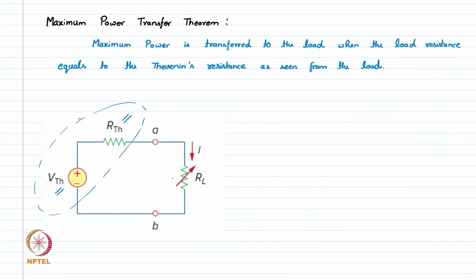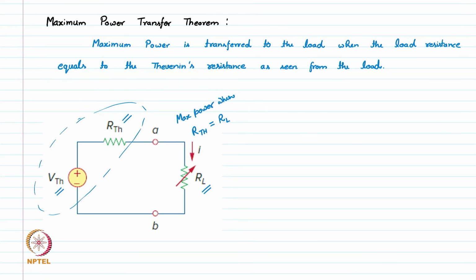This is providing power to this load RL. So, this power will be maximum if RL is equal to RTH. So, maximum power when RTH is equal to RL.